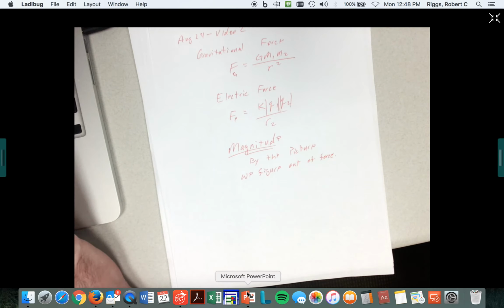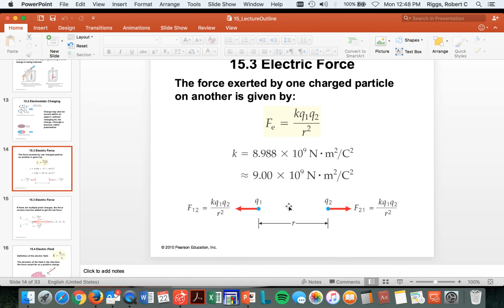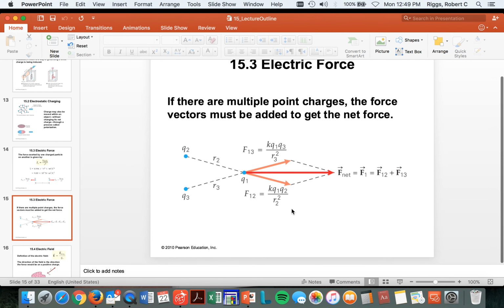So, again, looking at the slides, notice if this is a positive charge and this is a positive charge, the force on 1 caused by 2 will push it this way, and the force on 2 caused by 1 is getting pushed that way because they're both like charges. Scratch that. Opposite charges attract, like charges repel. These are like charges and they repel.